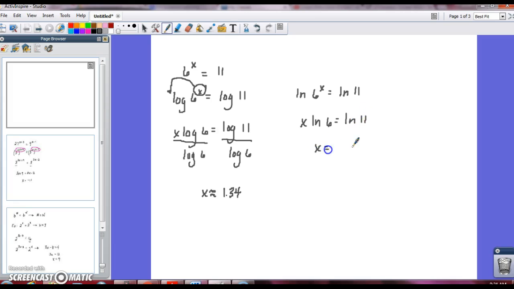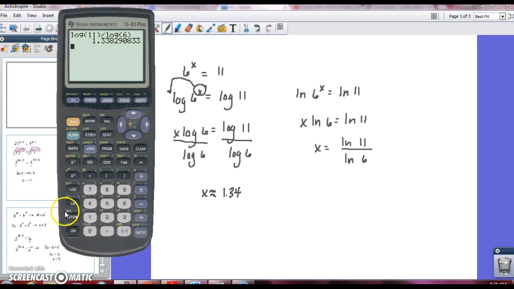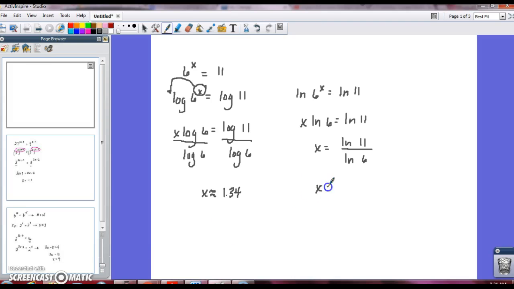And so then I end up with x is equal to ln of 11 over ln of 6. Okay, if I did that in my calculator, so I've got ln of 11, close your parentheses, divided by ln of 6, close your parentheses. Notice you get the exact same answer. Okay, you get the exact same thing.